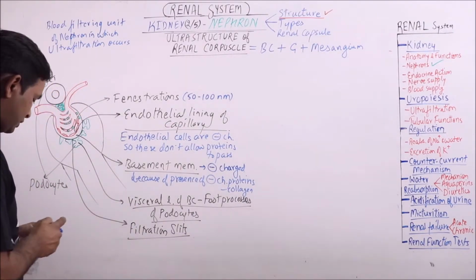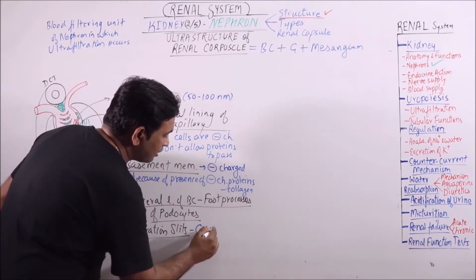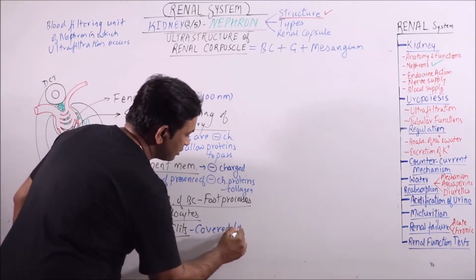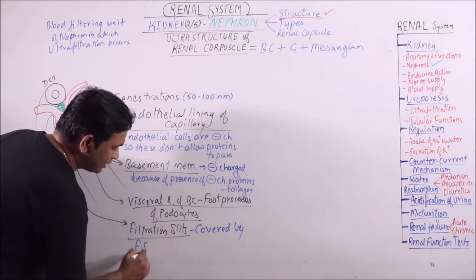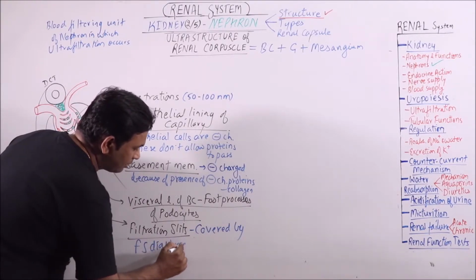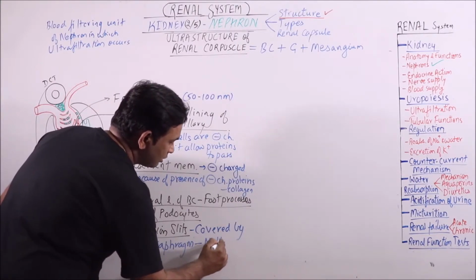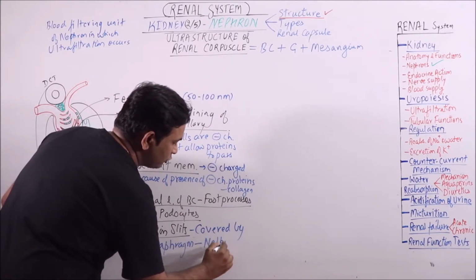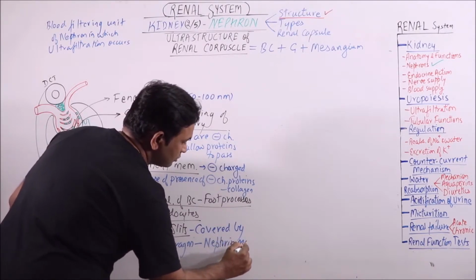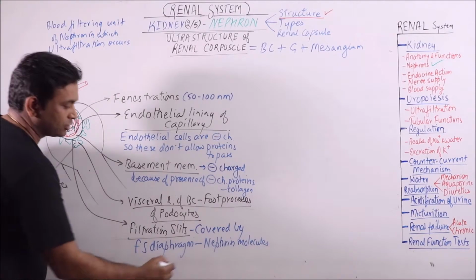Important thing is that these filtration slits are covered by filtration slit diaphragm, which is having nephrin molecules which are negatively charged.